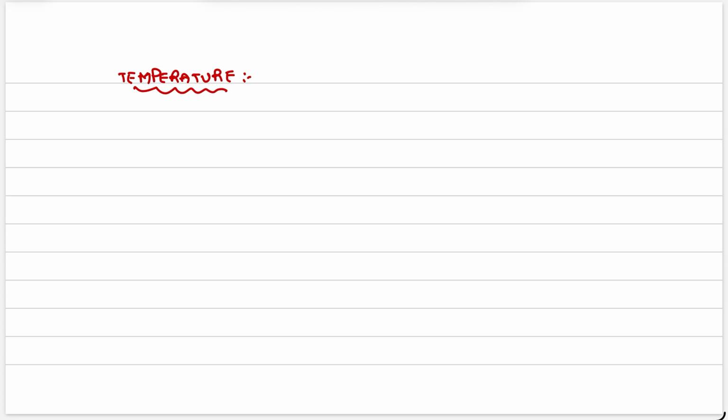And this can be measured by using many instruments or equipment such as thermocouples, constant volume gas thermometer, constant pressure gas thermometer, electric resistance thermometers, and also liquid glass thermometers. Mercury is a liquid.